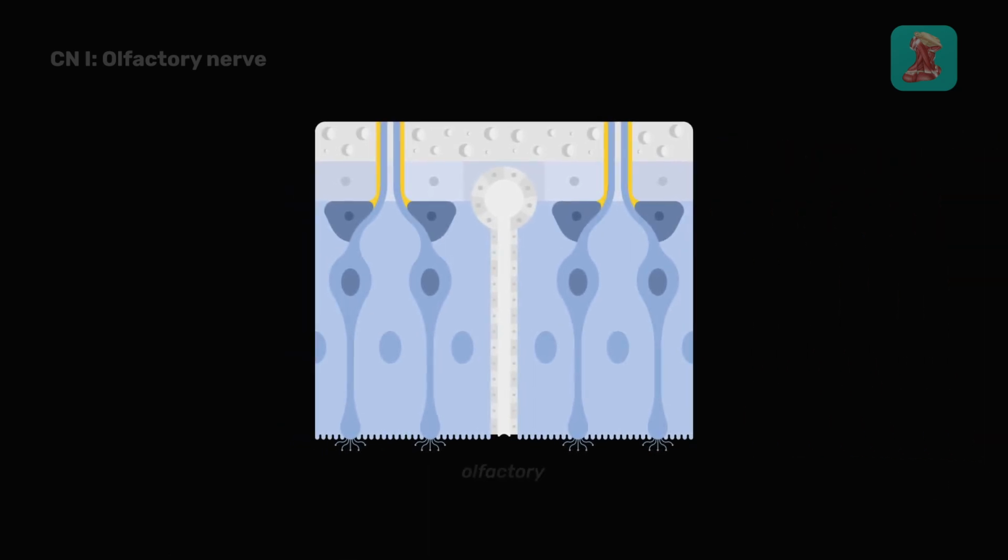The olfactory epithelium consists of four types of cells. The first type is olfactory sensory bipolar neurons. They are the first neurons of the olfactory pathway, and each of them has two processes.